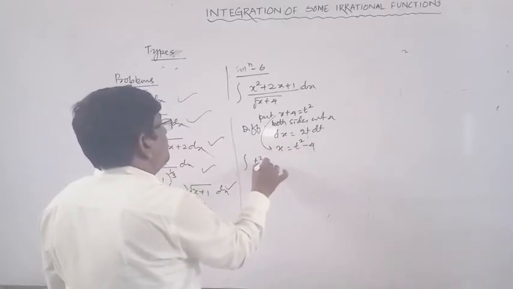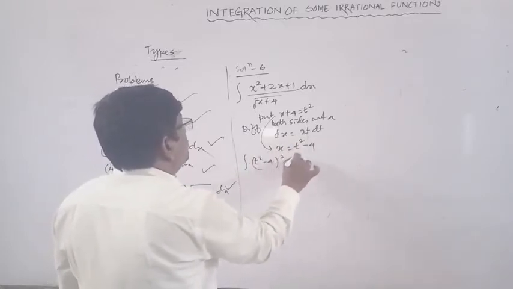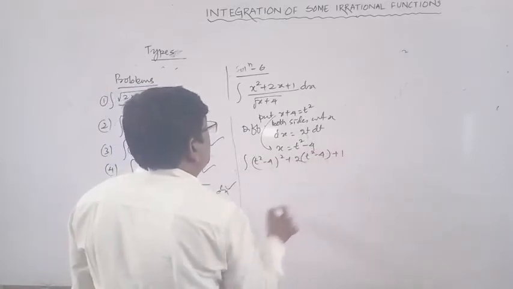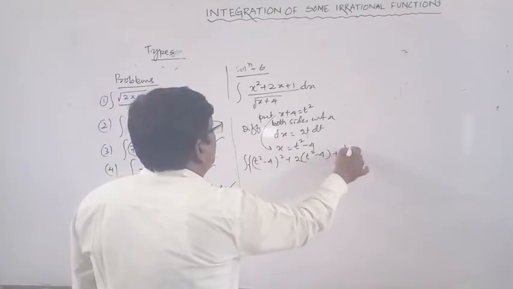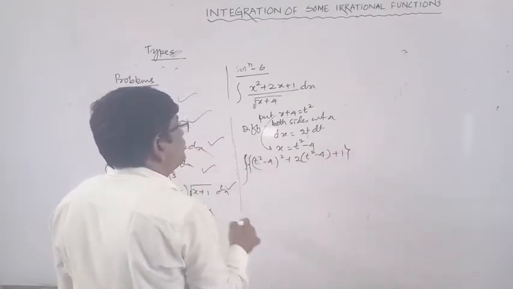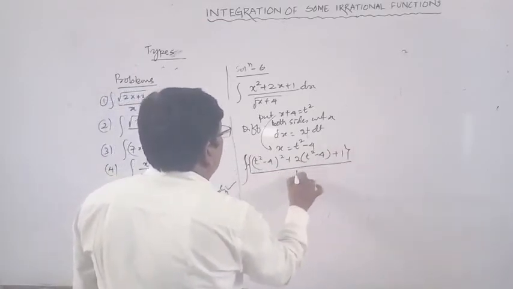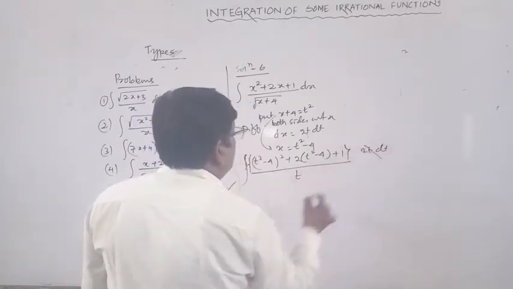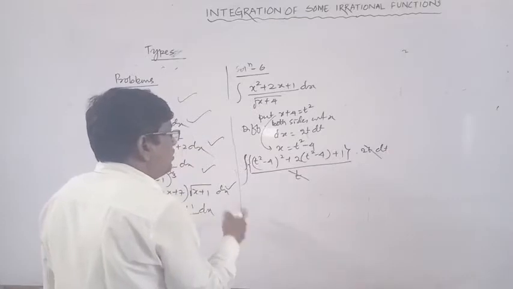So (t² − 4)² + 2(t² − 4) + 1, whole divided by t, into 2t dt. The t cancels here, so 2 common.